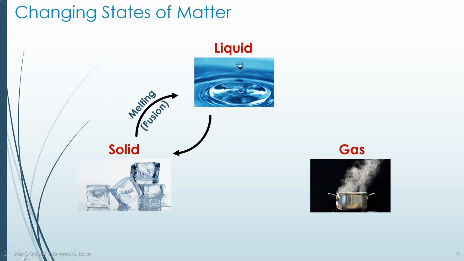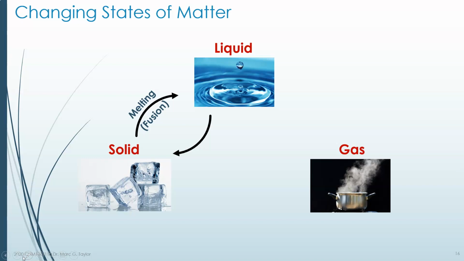Unfortunately, the word fusion has another meaning in chemistry as well. When we're talking about nuclear chemistry, fusion refers to fusing the nuclei, the centers of two atoms. But in this case, we're just going to use melting or fusion to mean the transition from solid to liquid.